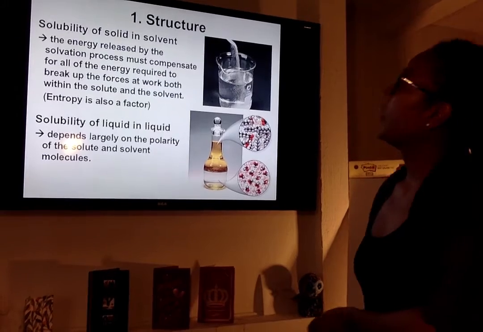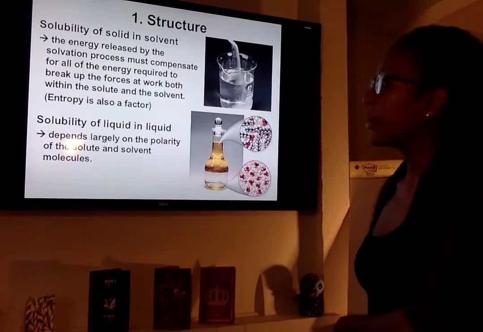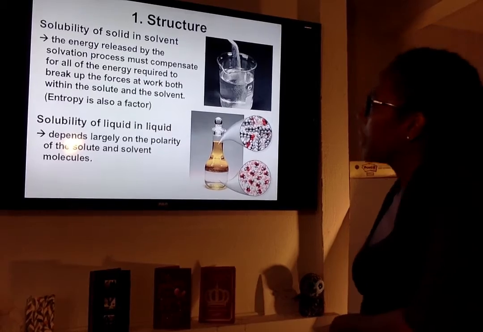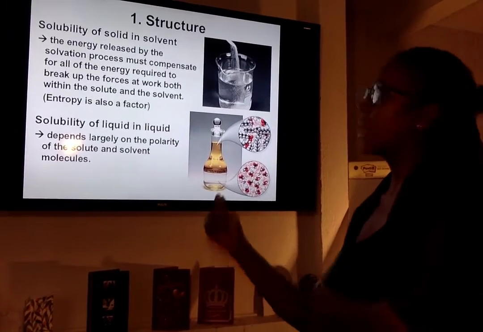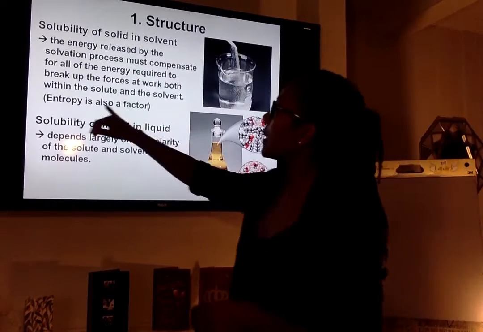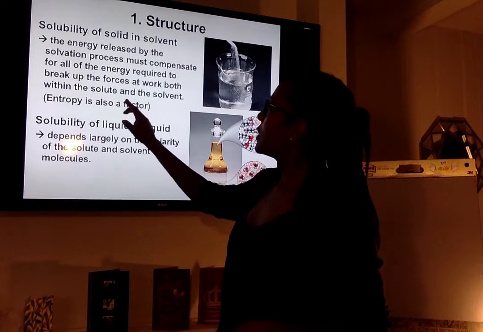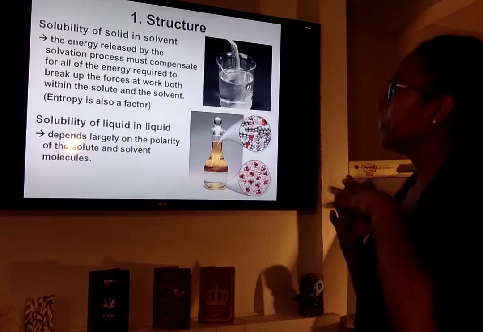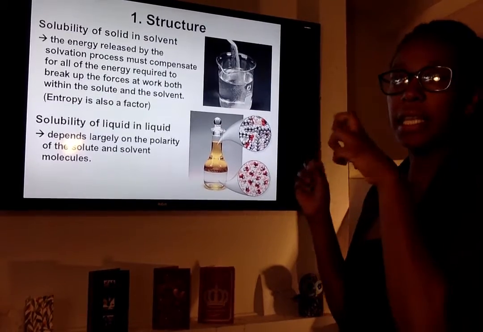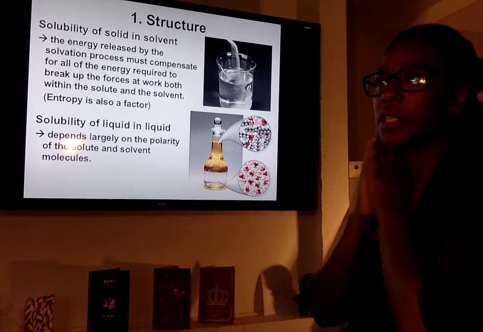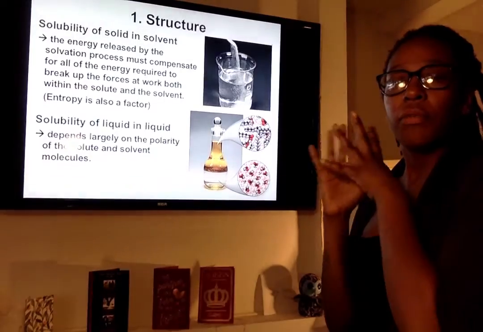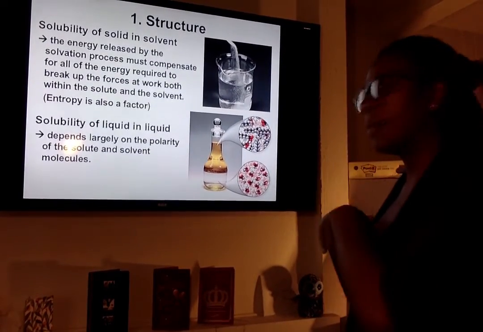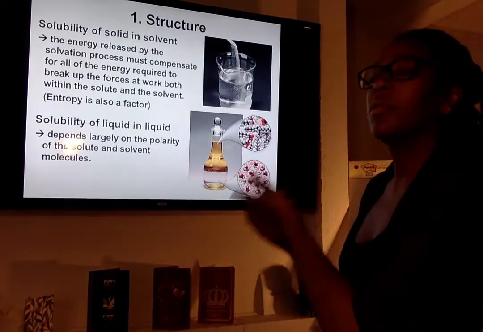So if something is soluble, the energy released by the solvation process has to compensate for the energy used for the solute and solvent. What is the energy released in this solvation? Think of the formation of the ion-dipole forces. When the ion-dipole is forming, you're going to be releasing heat.